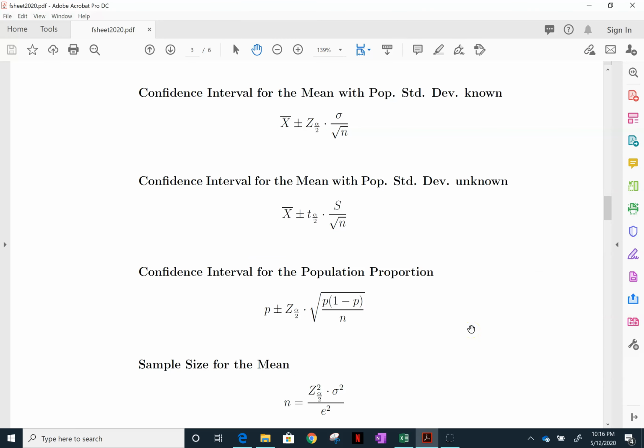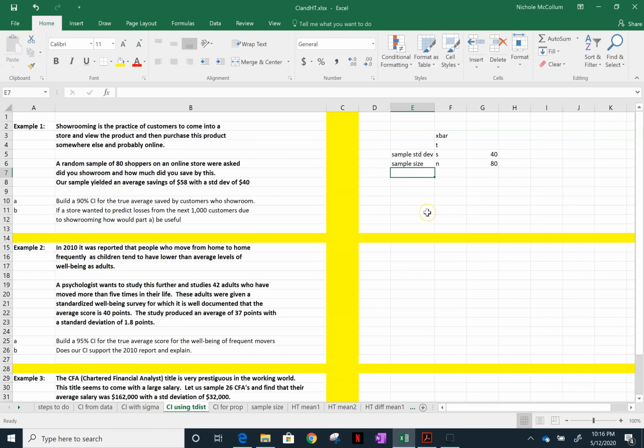Here they are. Pause the screen, take a picture of this formula. Take a picture of all these formulas. These are the letters you should know. You should know what X bar is, T is, S is, and N is. You'll need it to complete this confidence interval. And once you have these, we will complete the margin of error, the upper bound, and the lower bound. And that will build my confidence interval.